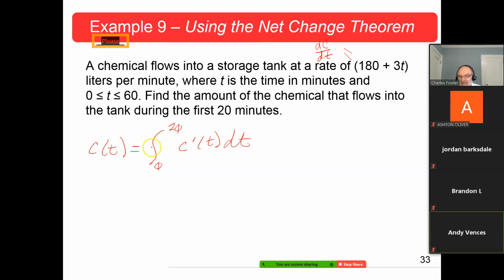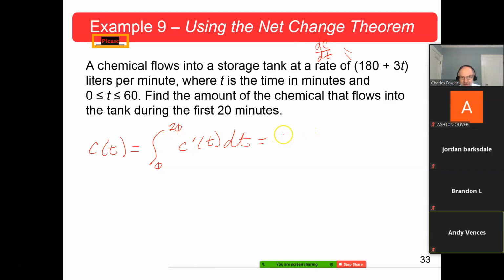And that was exactly what we said. Whatever you take a derivative of, then integrate, you wind up with what you started, evaluated between these two. The antiderivative of this derivative is C of t.